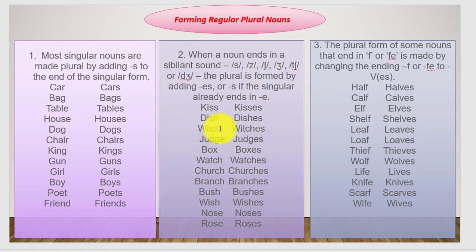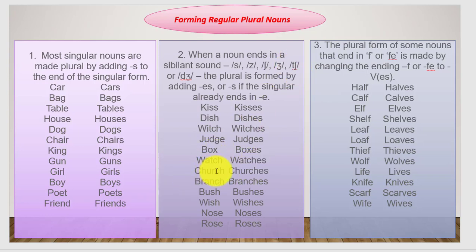Wish, wishes. Judge, this is the j sound. Judge, judges. Box, boxes. Watch, this is the ch sound. Watch, watches.